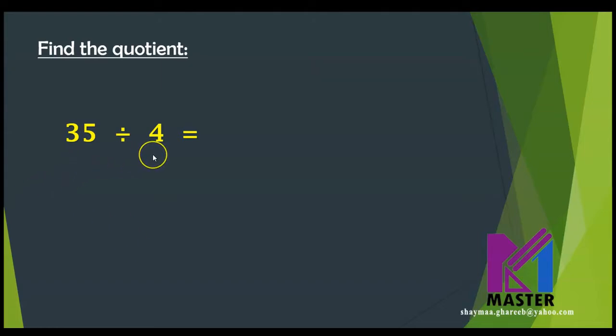35 divided by 4. 35 is an odd number, which means when I divide it by 4, there will be a remainder in the quotient. How many 4's are there in the 35? We are going to count on by 4 until we reach the closest multiple of 4 to the 35, which is number 32.